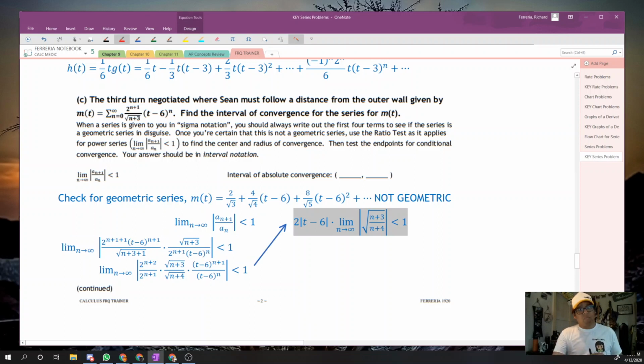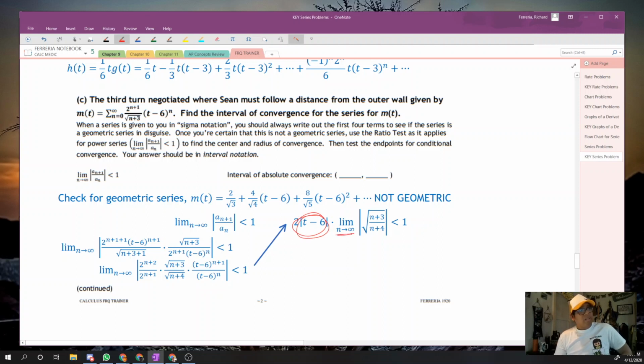What you see here is that this right here just simplifies to 2. And then this over here simplifies to t minus 6. But we were in absolute values, so this t minus 6 needs to stay in an absolute value.